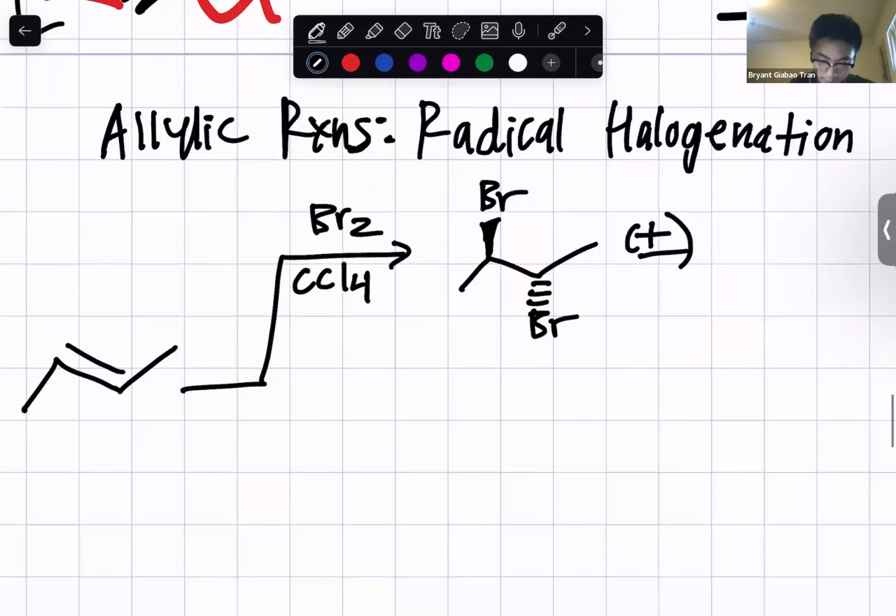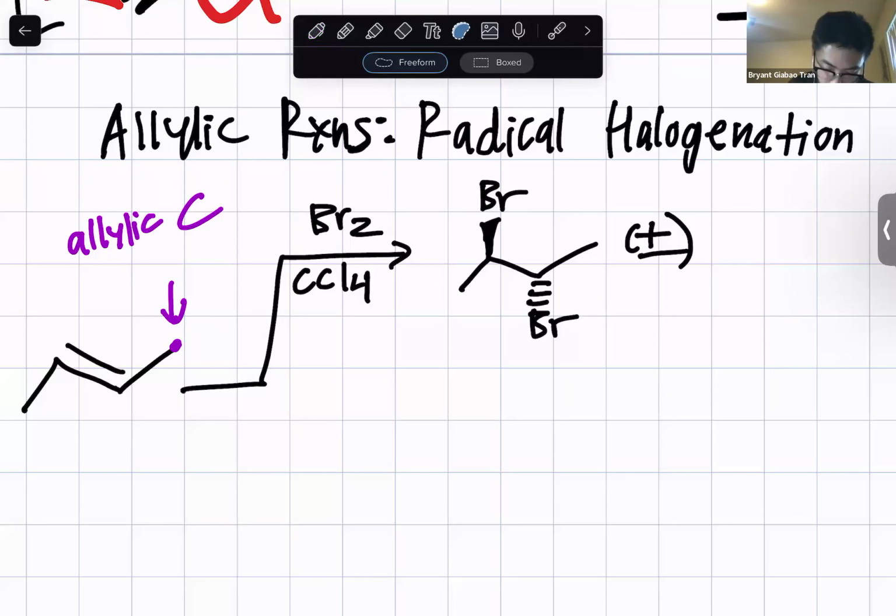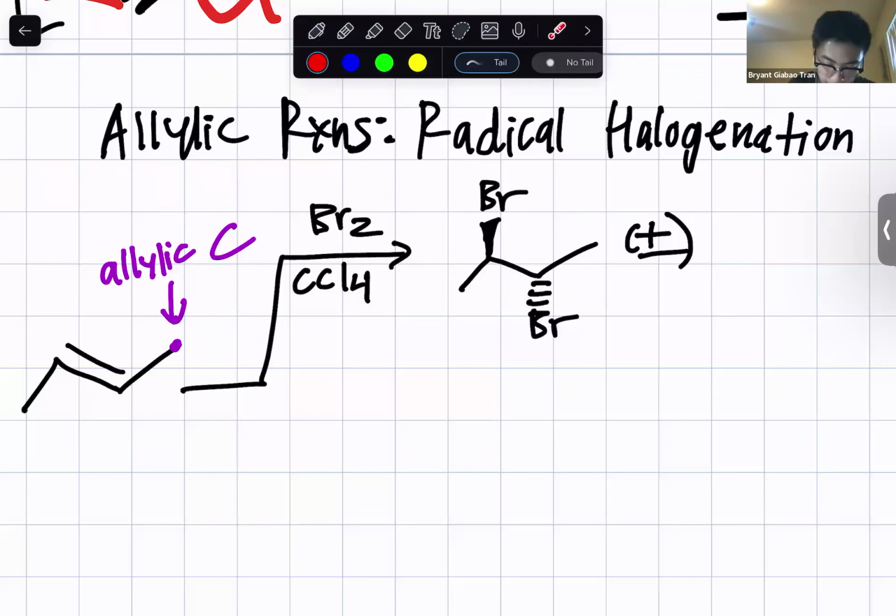But let's say we wanted to add the bromine on this carbon right here, the carbon right next to the alkene, which is called the allylic carbon. That's just a position term to show where that carbon is. Allylic means one carbon away from a double bonded carbon, right?